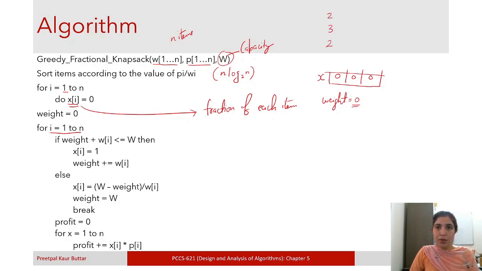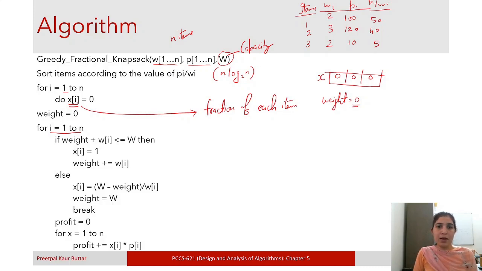The weights are 2, 3, 2, profits are 100, 120 and 10, the items are 1, 2, 3, and the Pi by Wi ratio is 50, 40 and 5. First we have to sort them according to the value of Pi by Wi. This is by chance already sorted.